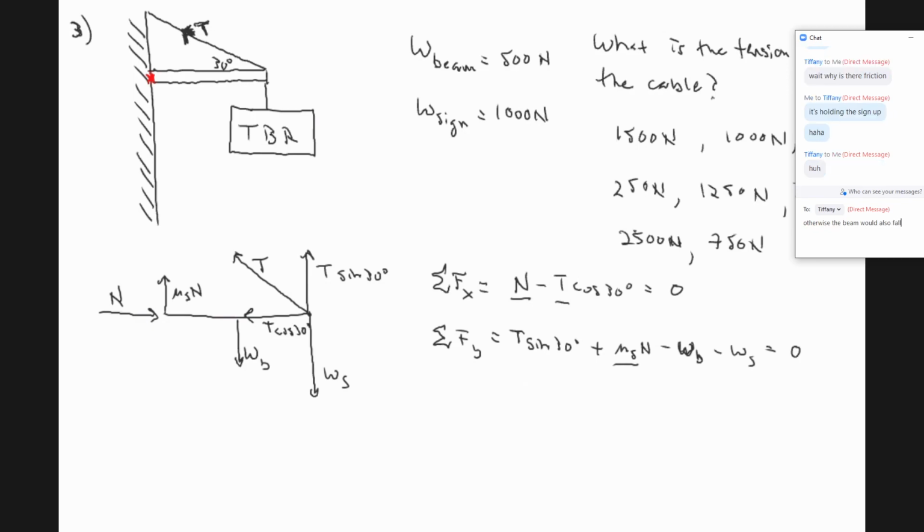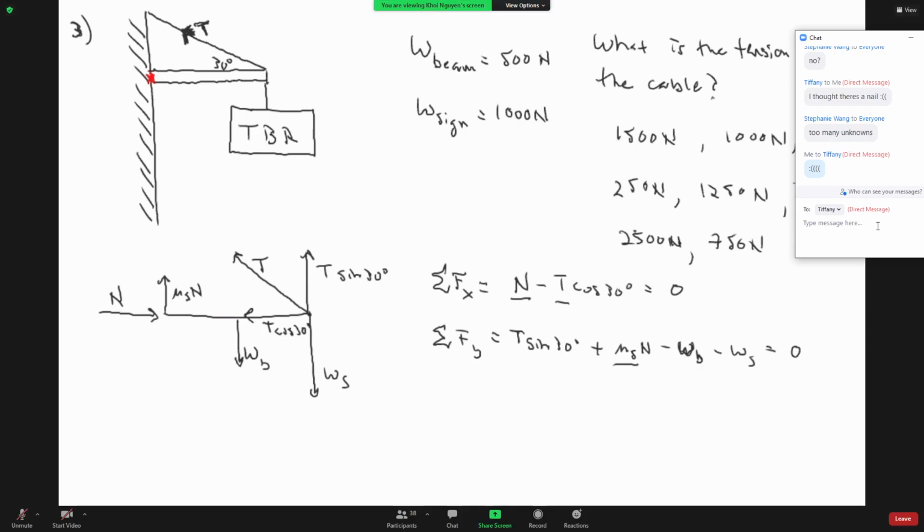Yes, no, maybe so? Remember, a system of linear equations only works when you have the same number of unknowns as equations. We have too many unknowns.